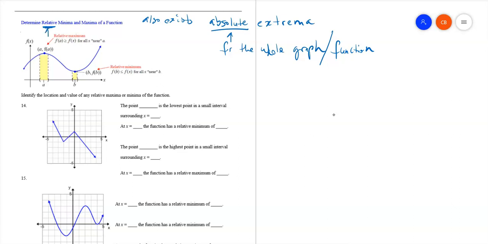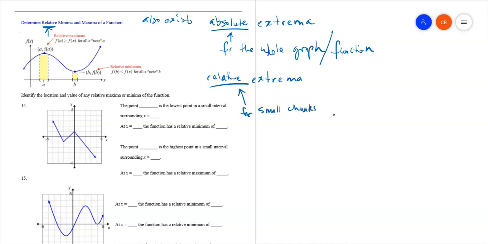Here when we're talking about the relative one, the relative extrema, this one is only for basically small little intervals, for small chunks, as it were.